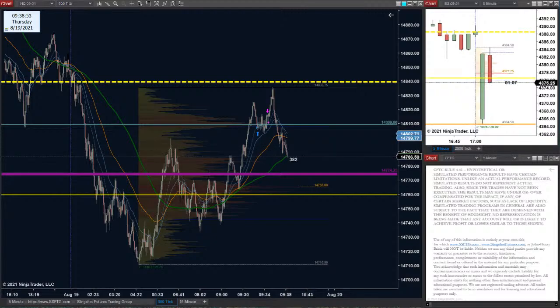Market pulling back a little bit further. Getting closer.